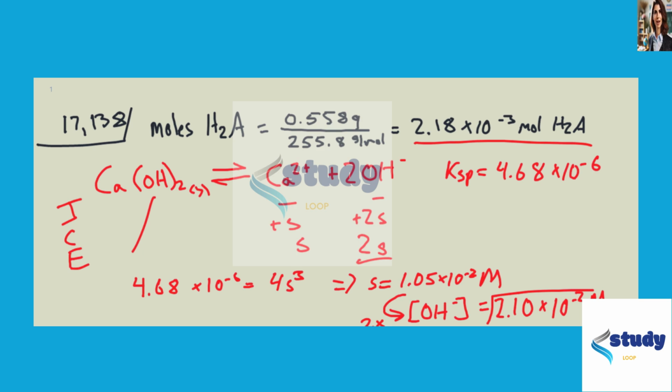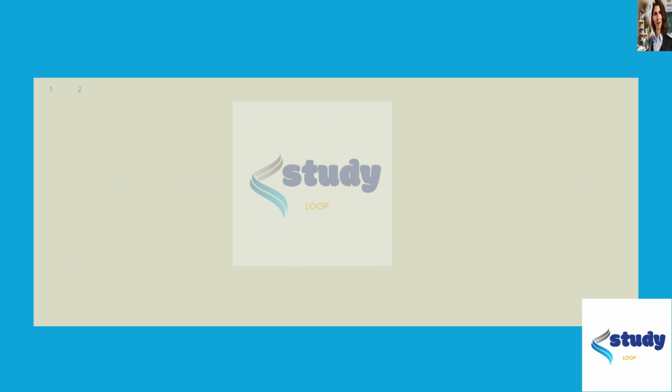Now the first part of this question asks us to calculate the volume for the two equivalence points.